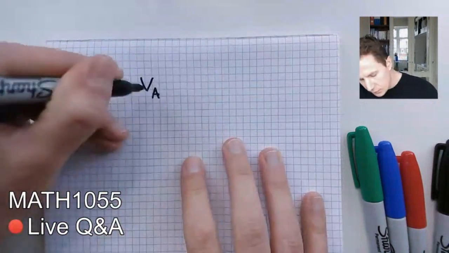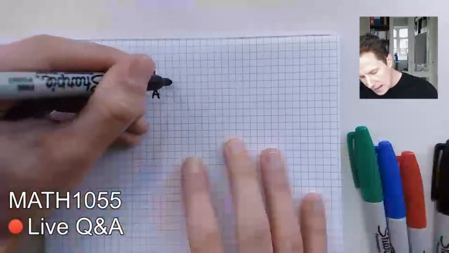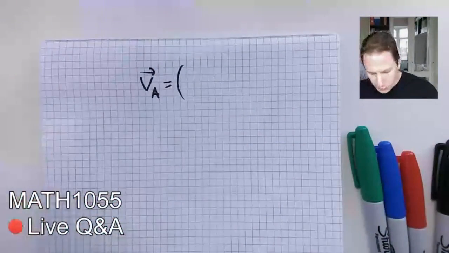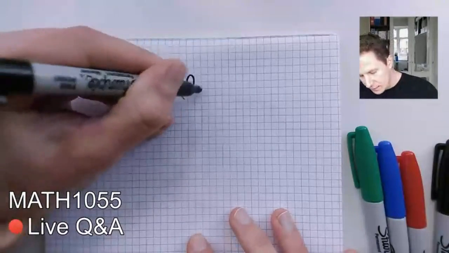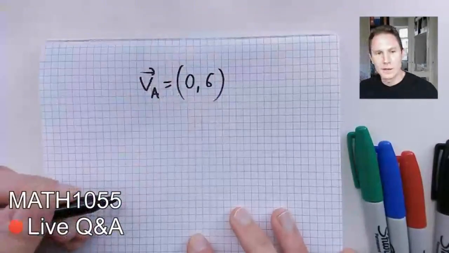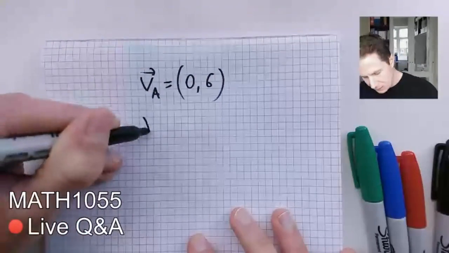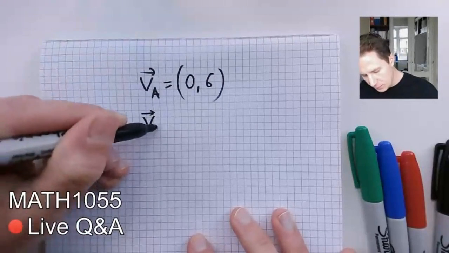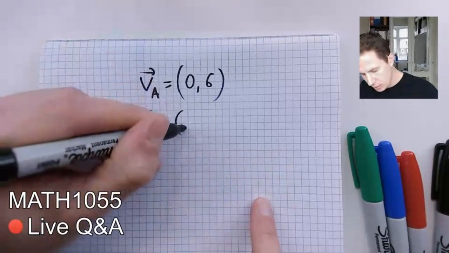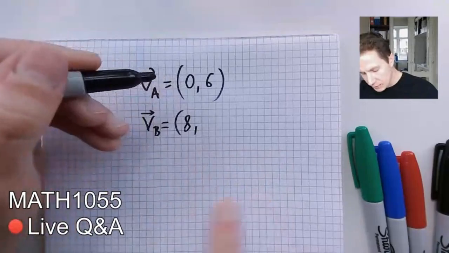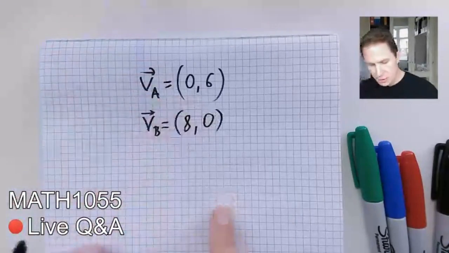Let me quickly give you a vector solution. We can coordinatize the plane and say that the velocity vector of boat A had coordinates 0, 6, and boat B was heading east, so in the positive x direction, with speed 8 miles per hour.